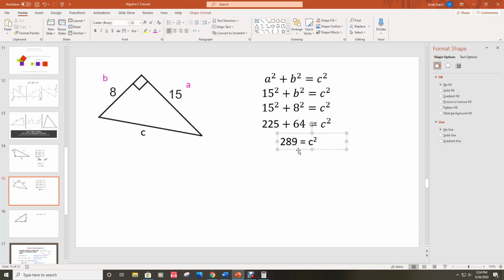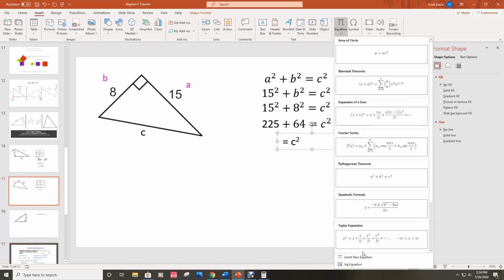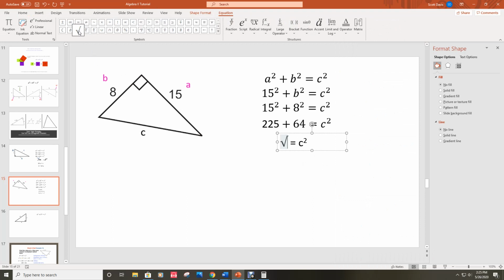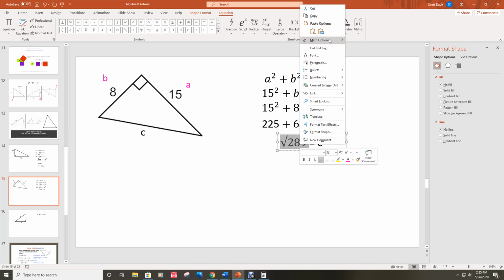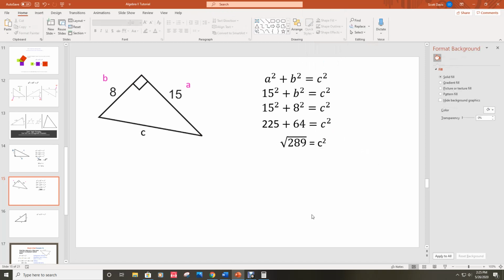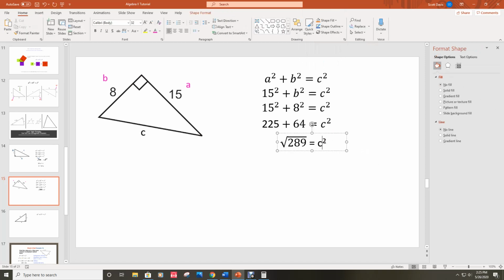So I am actually going to erase this only because to do it on the computer, it's a little obnoxious. All right, 289. Highlight the whole thing. There we go. Square root of 289. And then we are also going to need to square root this C squared.